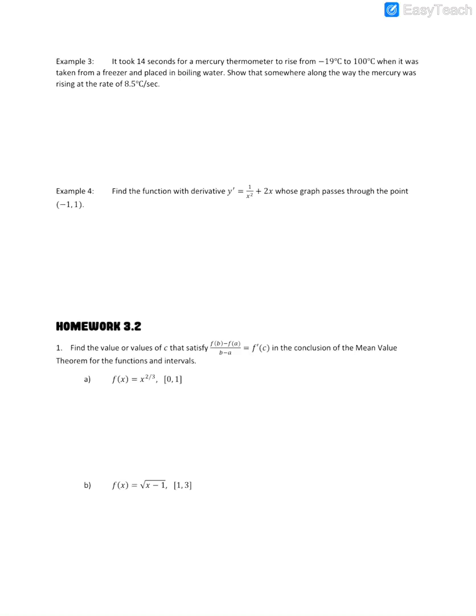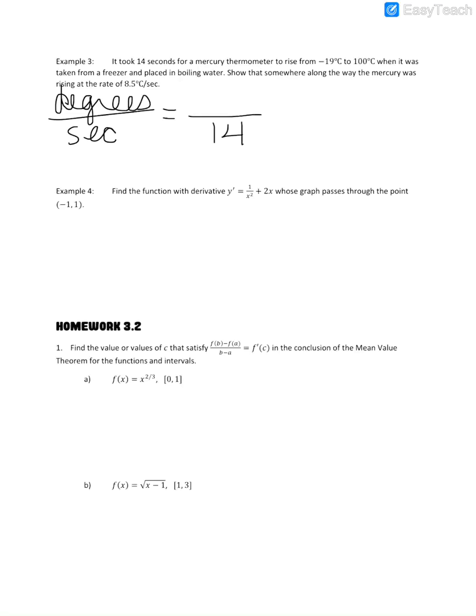Example 3. It took 14 seconds for a mercury thermometer to rise from negative 19 degrees Celsius to 100 degrees Celsius when it was taken from a freezer and placed in boiling water. Show that somewhere along the way, the mercury was rising at the rate of 8.5 degrees Celsius per second. So let's look at the average rate of change in degrees per second.